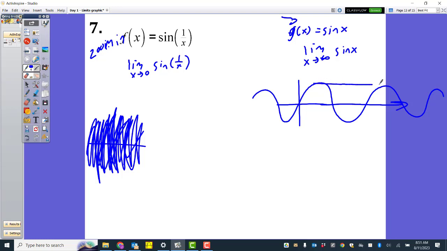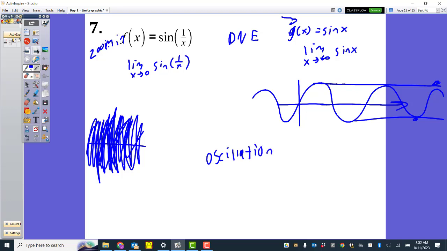Well, it's constantly bouncing between a high point up here and a low point. And it'll do that forever and ever. This is also oscillation. It is bouncing between a high point and low point. It just happens much slower than the oscillation at 0 for the sine of 1 over x. So both of these do not exist, and it's because of oscillation.